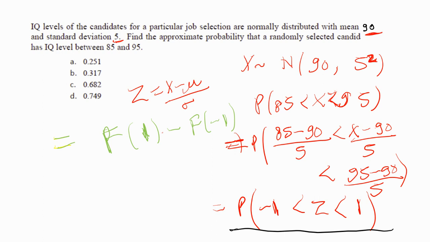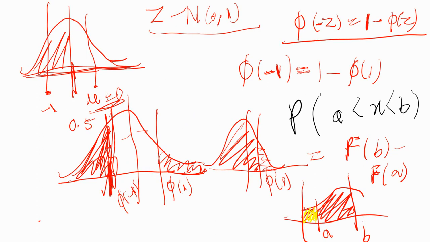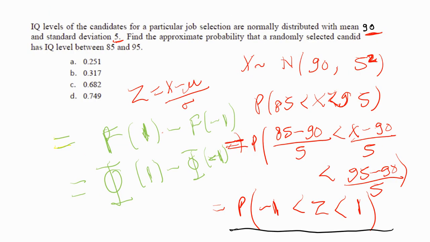Now for a standard normal variate, we represent this as capital phi. What I said earlier is that phi of minus z is 1 minus phi z. So it will be phi 1 minus, 1 minus phi 1.